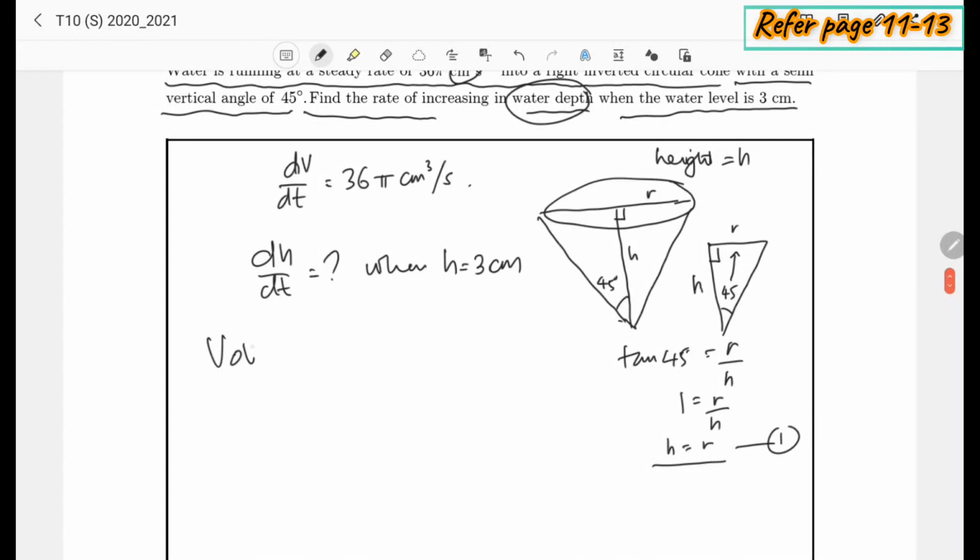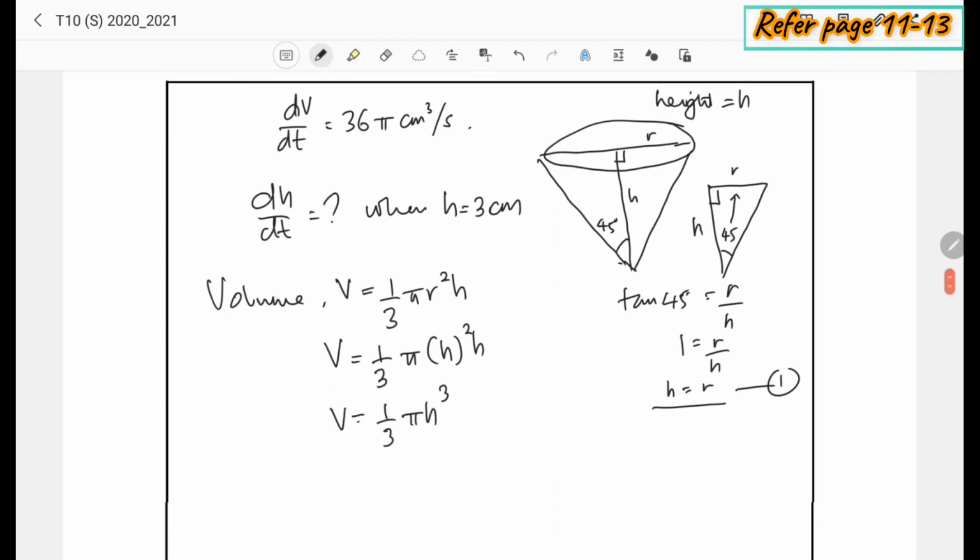So volume V equals 1/3 pi r squared h. Substitute r, so we need the dV/dh. V equals 1/3 pi, r is h, so we get V equals 1/3 pi h cubed.